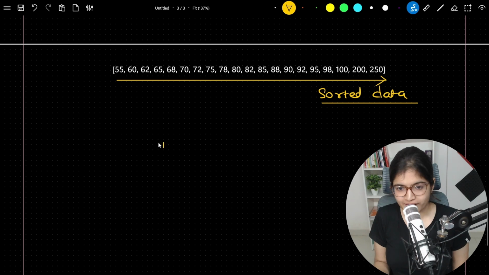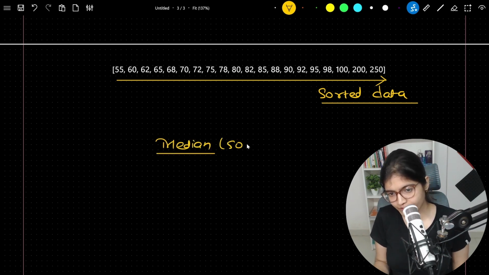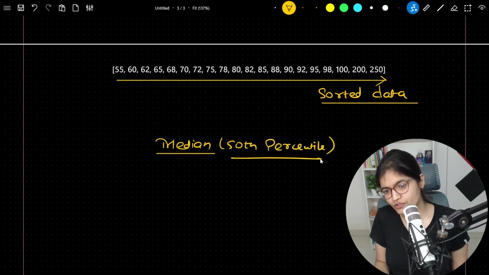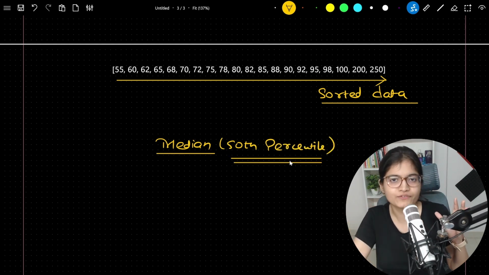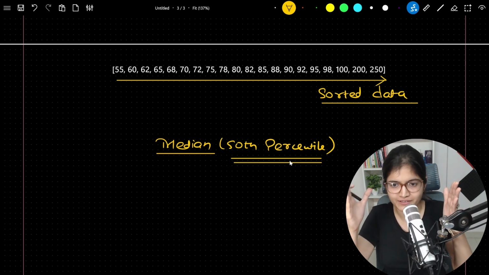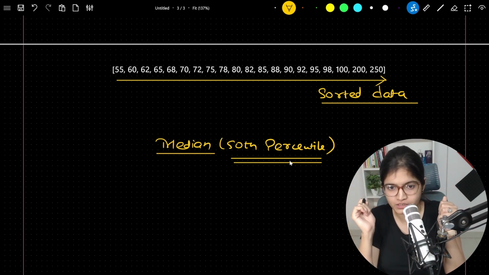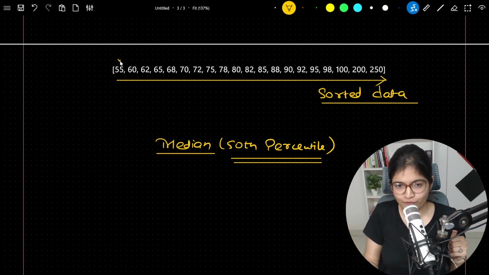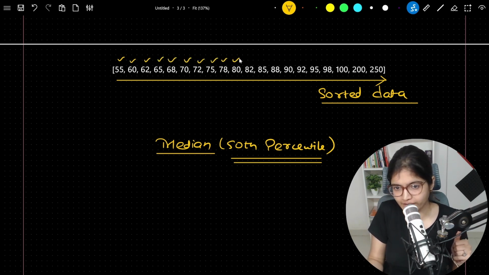So if I ask you what is the value of median, median is nothing but the 50th percentile. Percentile simply means how many values are below this specific number. 50th percentile means the middle value we are talking about. So how many entities do we have? 1, 2, 3, 4, 5, 6, 7, 8, 9, 10, 11, 12, 13, 14, 15, 16, 17, 18, 19, 20.